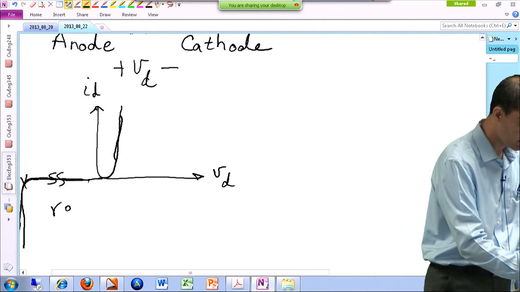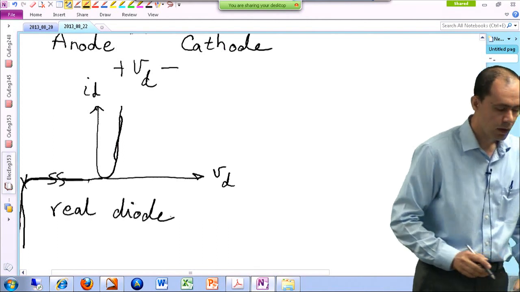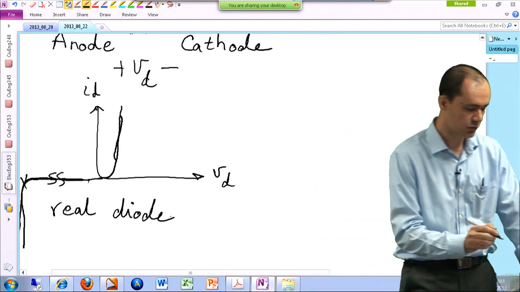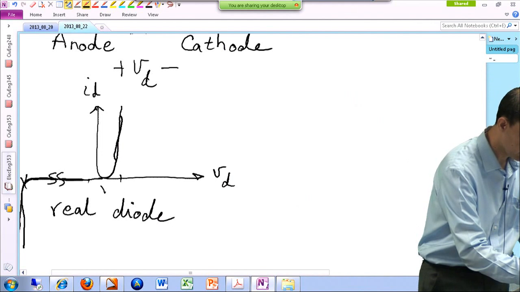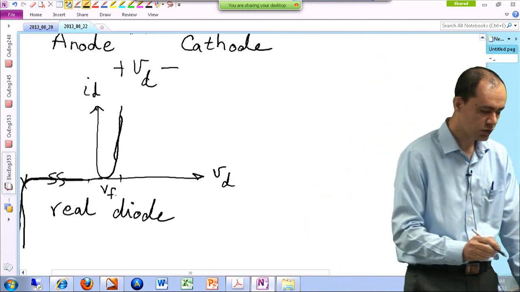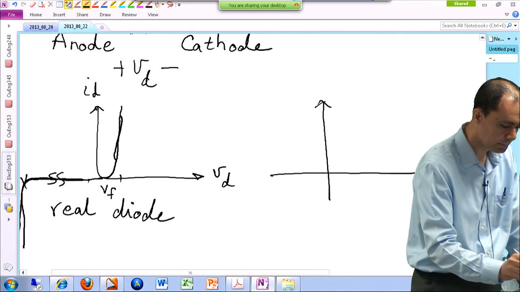Now, this is a real diode. If I want to idealize this, I would say I'm going to neglect the forward voltage drop across the diode. Remember, this was called the VF, the forward voltage drop, which is a very small value. So I just neglect it, and I'm assuming that VF is actually 0.